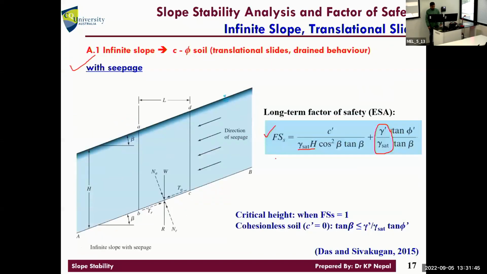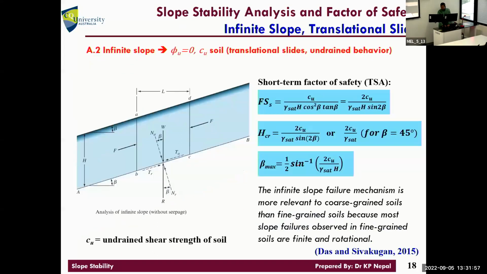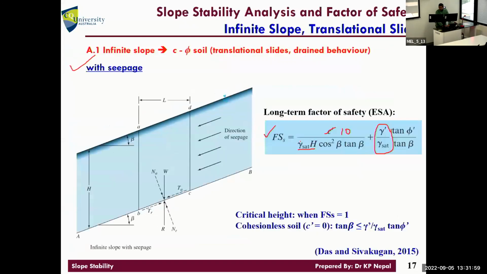So equal to, what is C dash? 10 in our problem. Saturated is how much? 17.8. Can I put that here? 17.8. H is 6 meters, I think. Yes, that's 6 meters there.